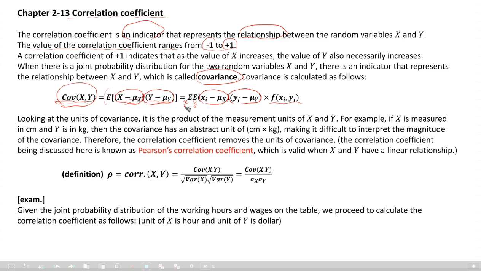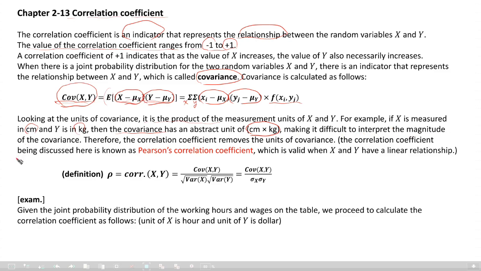But covariance has the product of the measurement units of X and Y. For example, if X is measured in centimeters and Y in kilograms, then the covariance has an abstract unit of centimeter times kilogram. Have you ever seen this kind of unit? No, we cannot figure it out, making it difficult to interpret the magnitude of the covariance.